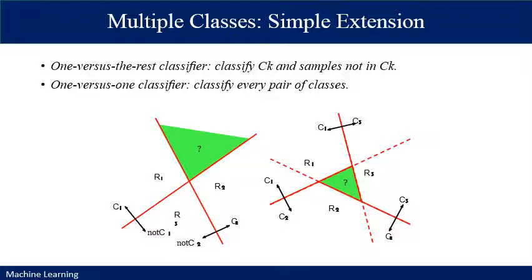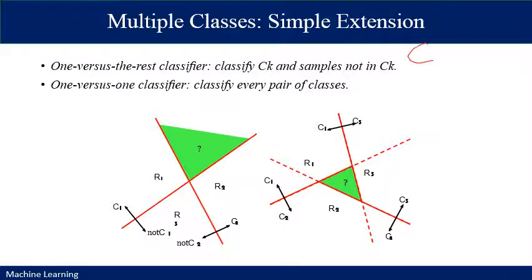If we have three classes, we can use three different discriminant functions, and each function is a binary discriminant function which separates one class from the rest of the classes.